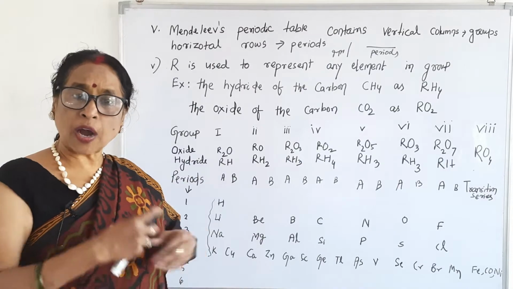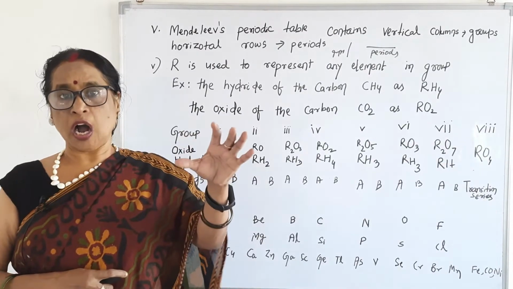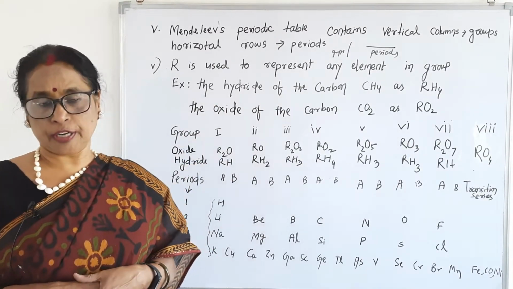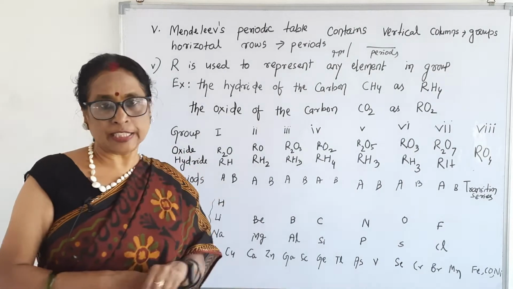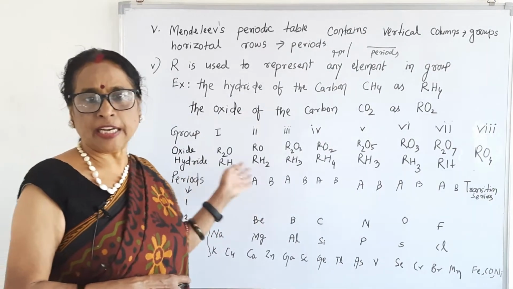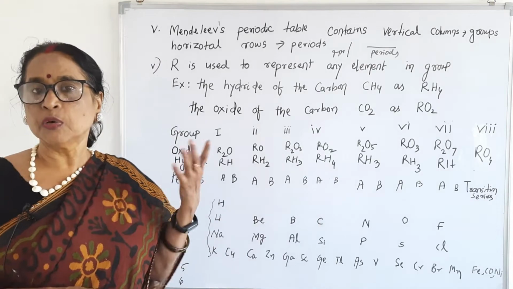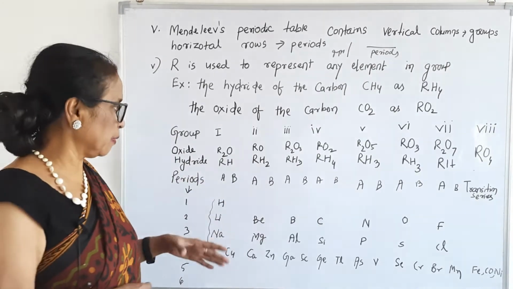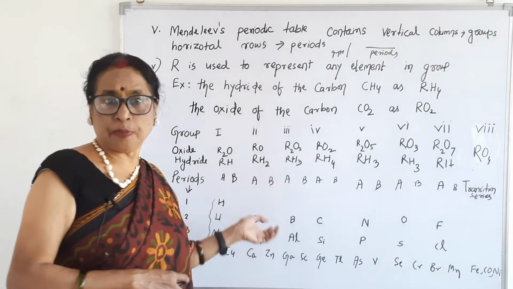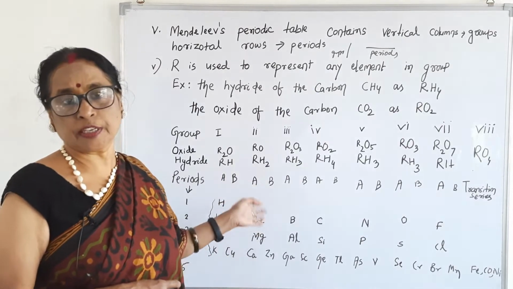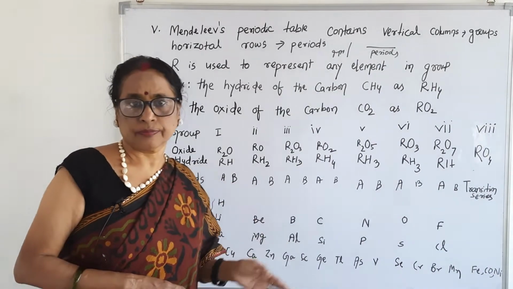Disadvantage means why it was necessary to go to a higher, that is new, form of periodic table. So this is due to disadvantage. Again Mendeleev proposed a new one, the modern form of periodic table. And what the achievement and advantage of this periodic table are, you will see now.